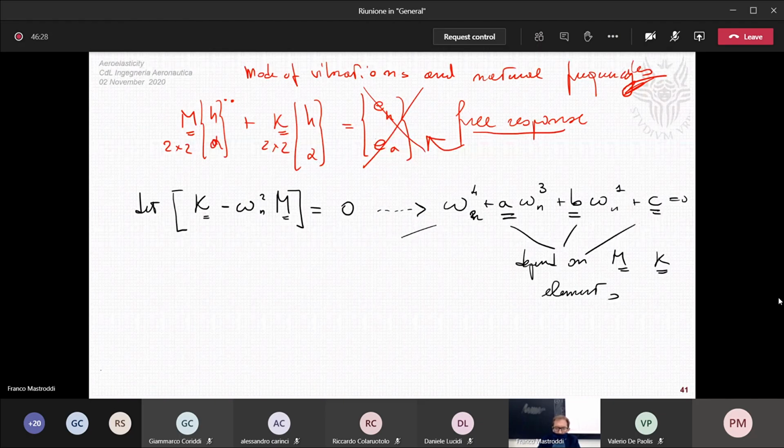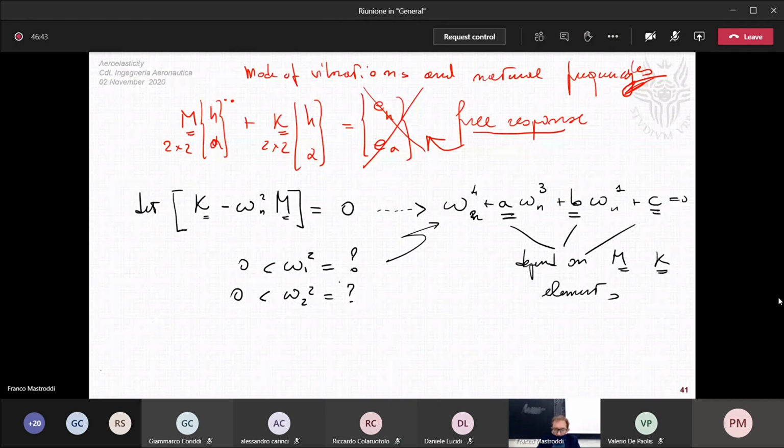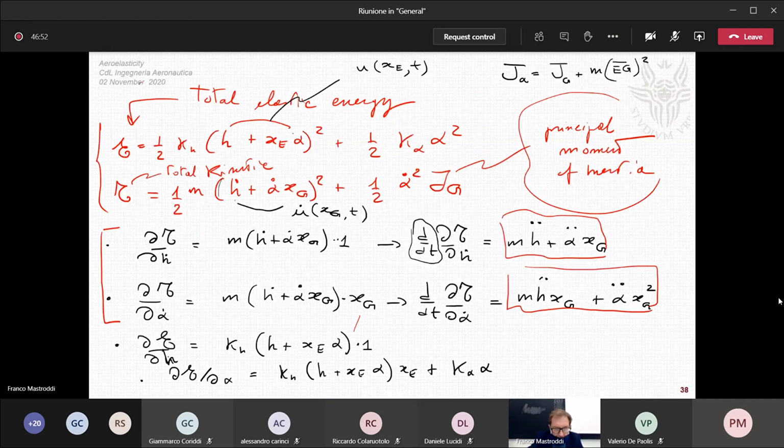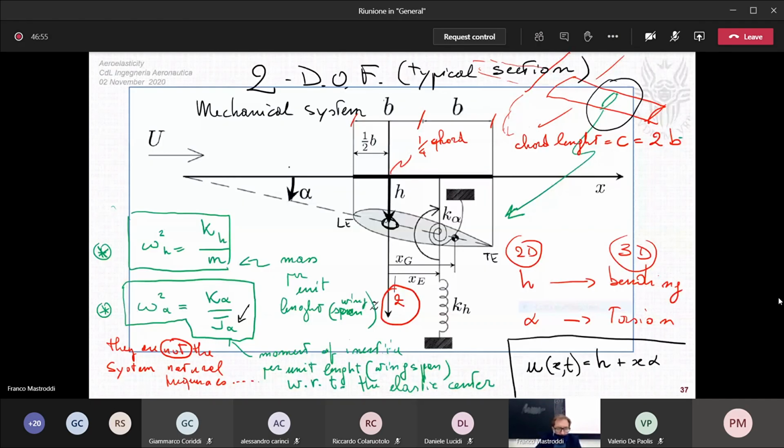Solving this equation, you have omega 1 and omega 2 as positive quantities, as you know very well. These two are the natural frequencies, and these natural frequencies are not equal, the first one to this quantity and the other one to this other quantity.